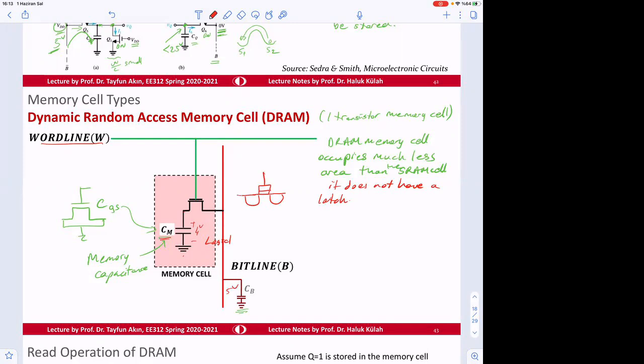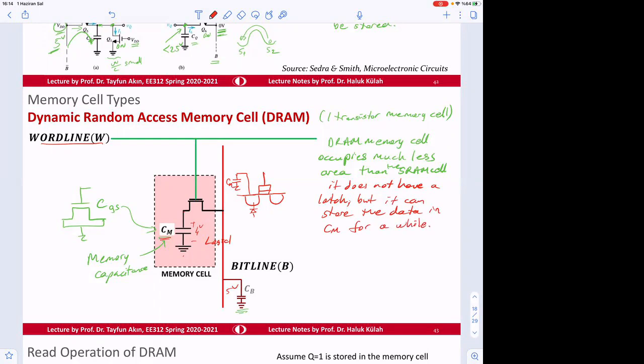So you store the data in this capacitor, CM, but here there's a diode. So there is no latch, but it can store the data in CM for a while.